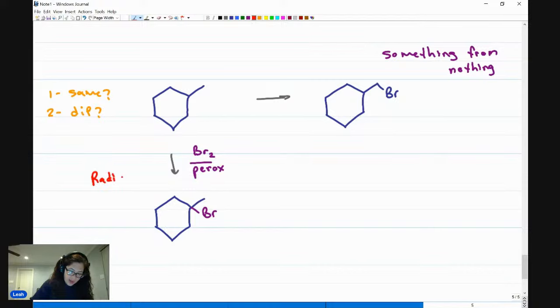And now that I no longer have nothing on this molecule, it's no longer a something from nothing. Now I simply ask the question, how do I get bromine from this position to this position? Well, if this is a new problem, I hope that you recognize our old friend, the previous pattern. Let's move the functional group.